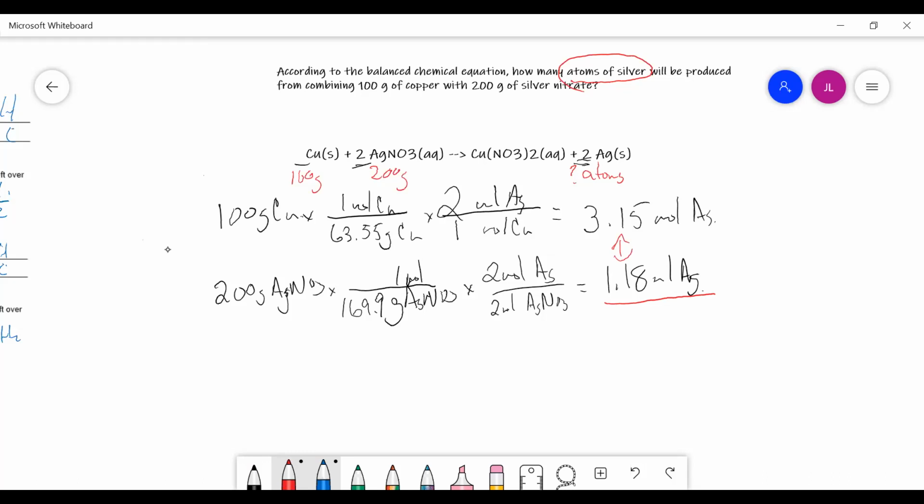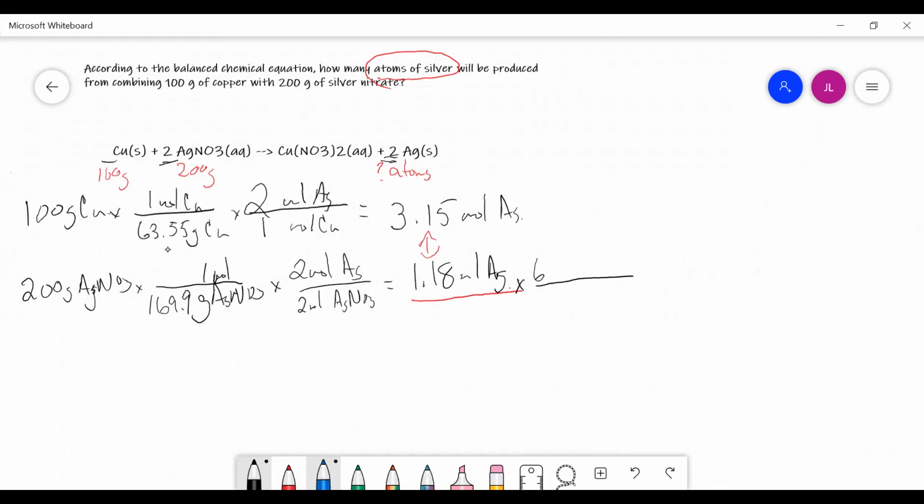We're asking here how many atoms of silver are produced. So we want to go from moles to atoms. In this case, we don't need molar mass; we're going to use Avogadro's number: 6.02 times 10 to the 23rd atoms of silver per mole of silver.